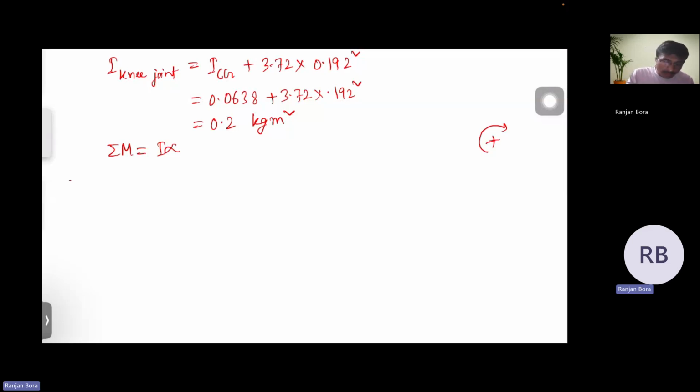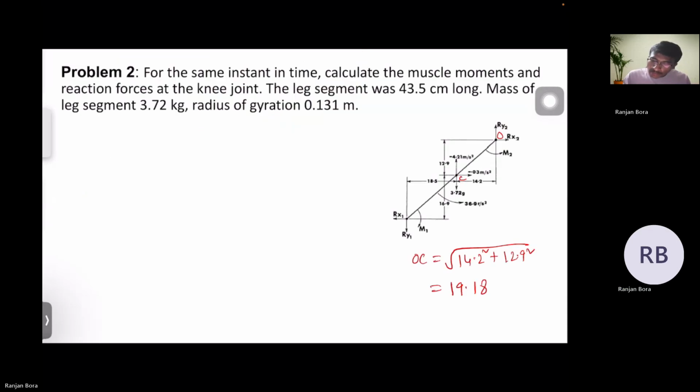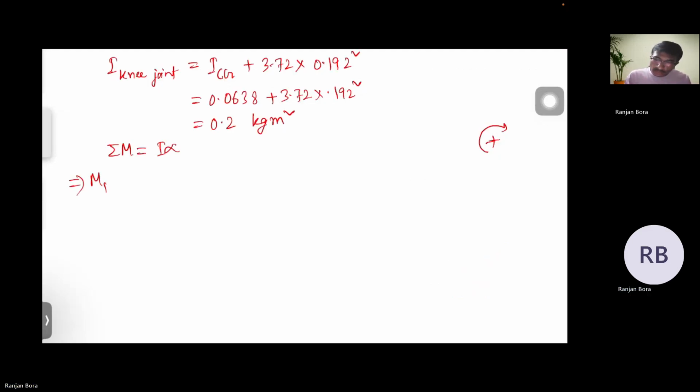Since M1 with respect to the knee joint is in the clockwise direction, it will be plus M1. And M2, this direction is anti-clockwise, so it is minus M2.